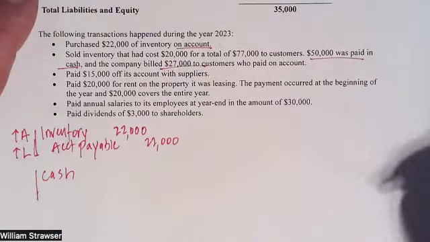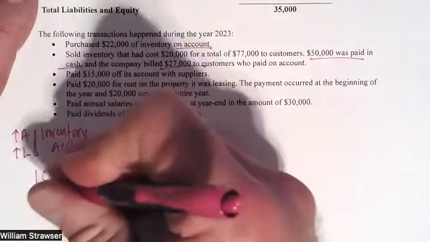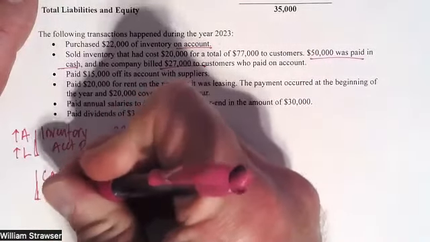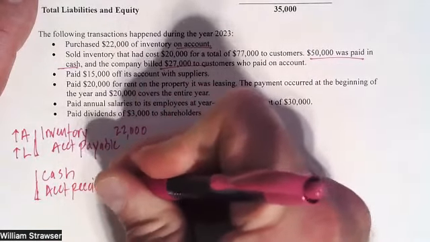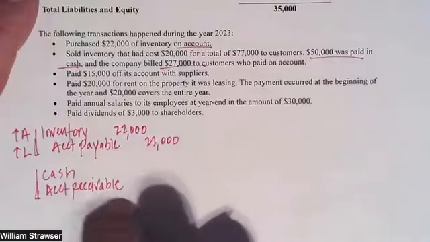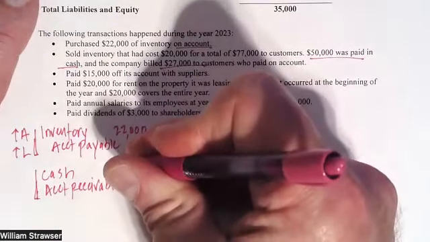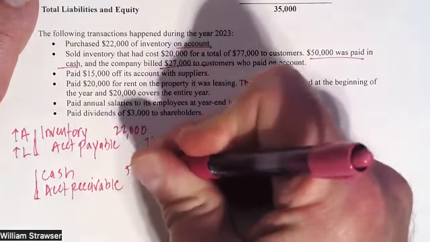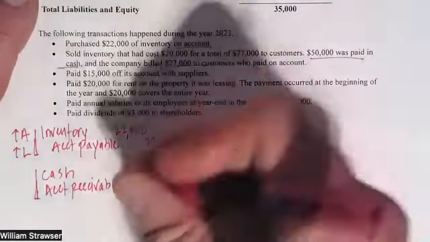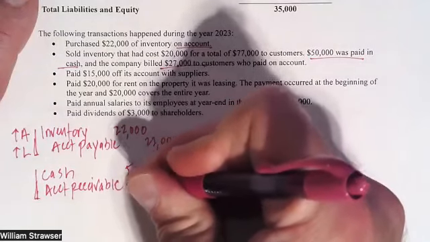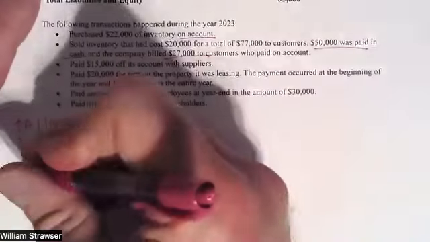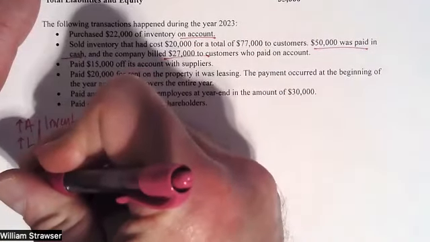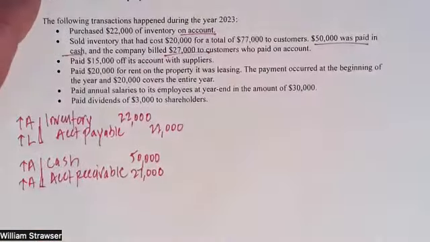Assets are debited to increase them, and an account receivable, because I am entitled to receive. Something is able to be received. $50,000 of cash and $27,000 of a receivable. Both of these are assets. Since we're debiting them, those would increase.